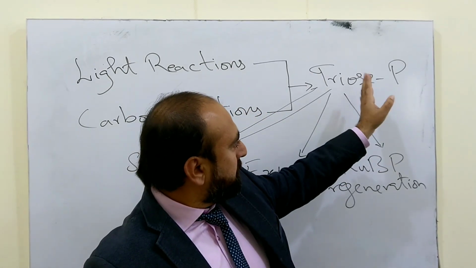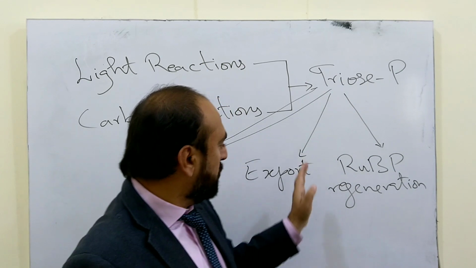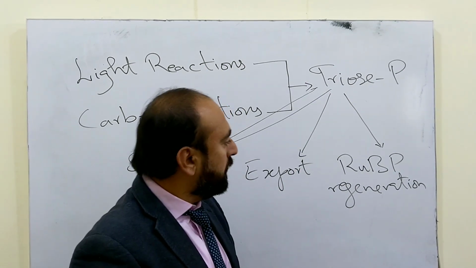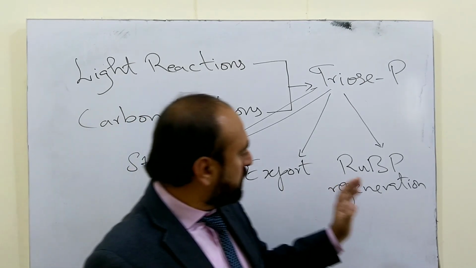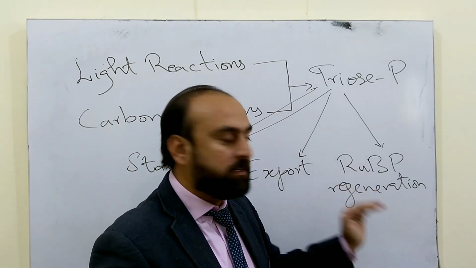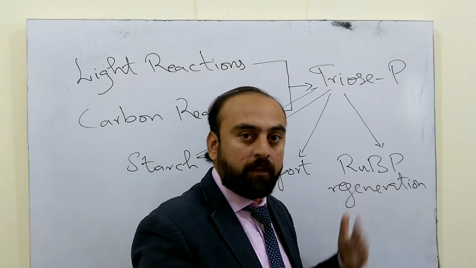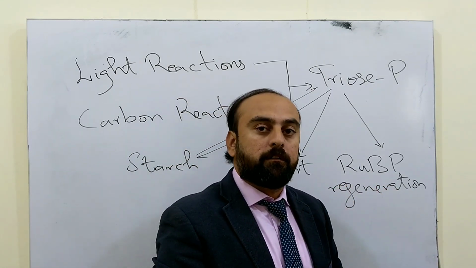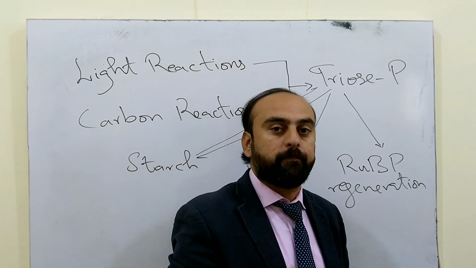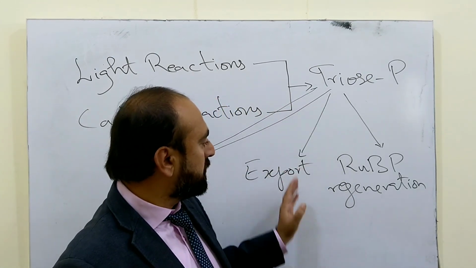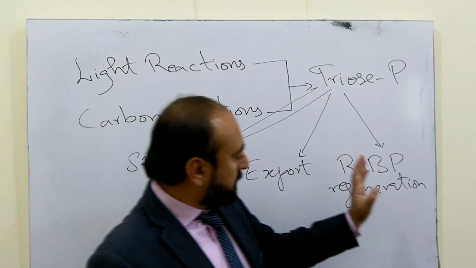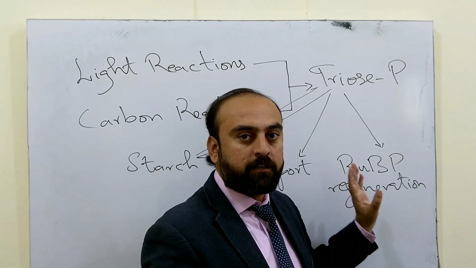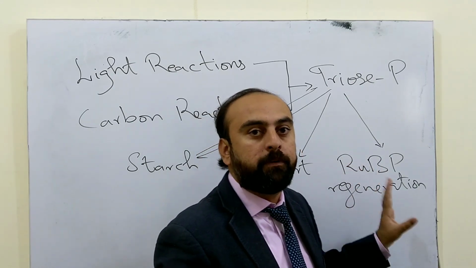About 1/6 of this triose phosphate is exported to the cytosol, whereas most of this is used to regenerate RuBP. Why regenerate this? So that the photosynthetic carbon reduction cycle can continue. So before this is exported to the cytoplasm, the cell regenerates the first carbon dioxide acceptor molecule, that is RuBP.